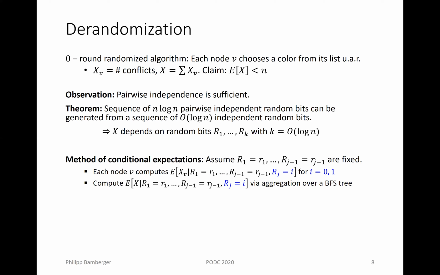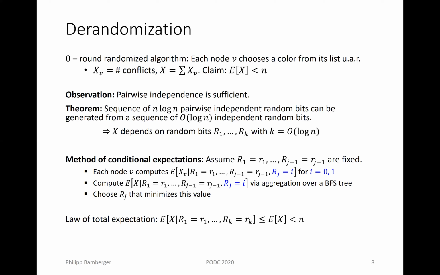We compute the sum of these conditional expectations, that is, the conditional expectation of the random variable x, via aggregation over a BFS tree. The leader node then chooses the value for bit j that minimizes this conditional expectation and broadcasts this choice.